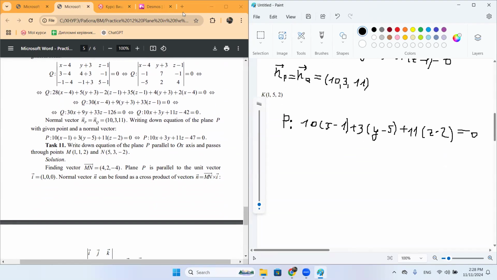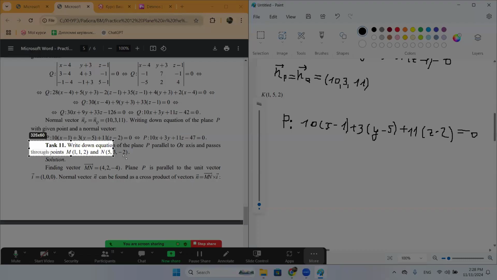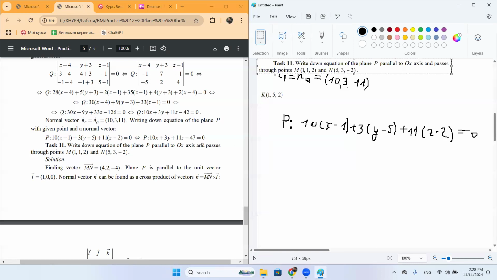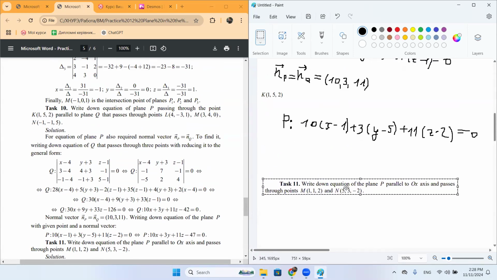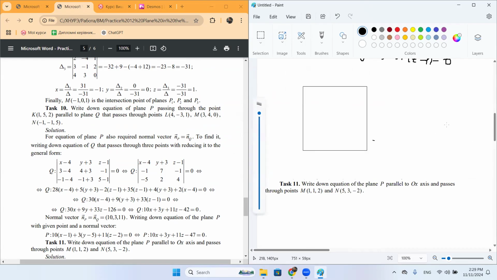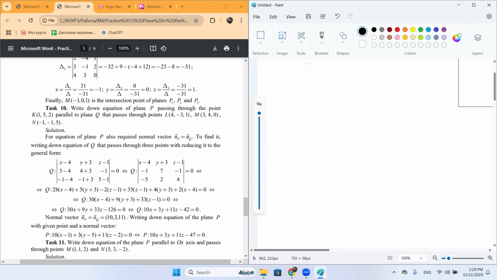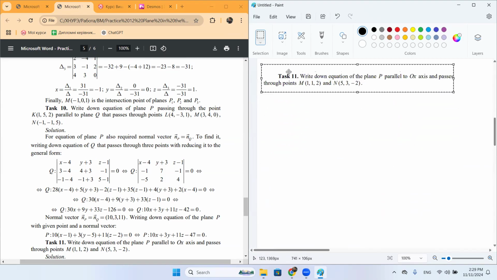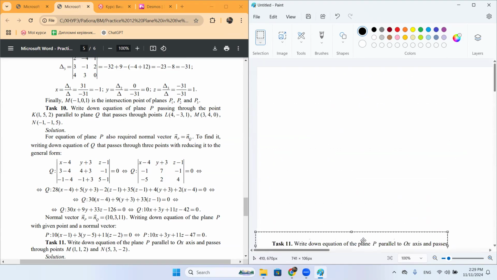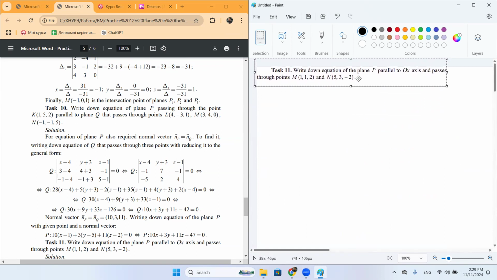No questions. Okay, let's move next. So task 11, we already were doing a similar task. So what basically do we need?